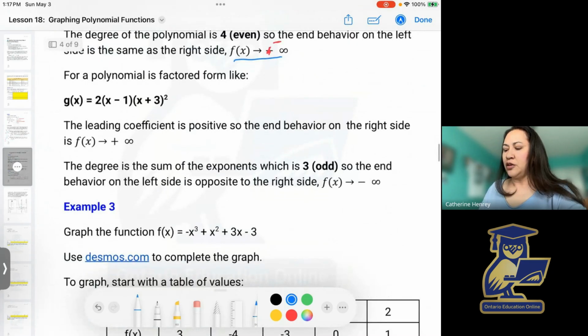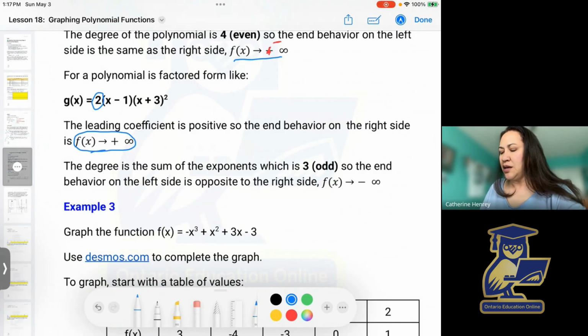Well, what if our polynomial is in factored form? So we have g of x is equal to 2 times bracket x minus 1 bracket x plus 3 squared. The leading coefficient is positive, right? It's 2, so it's positive. So the end behavior on the right side is going to go up, the positive side.